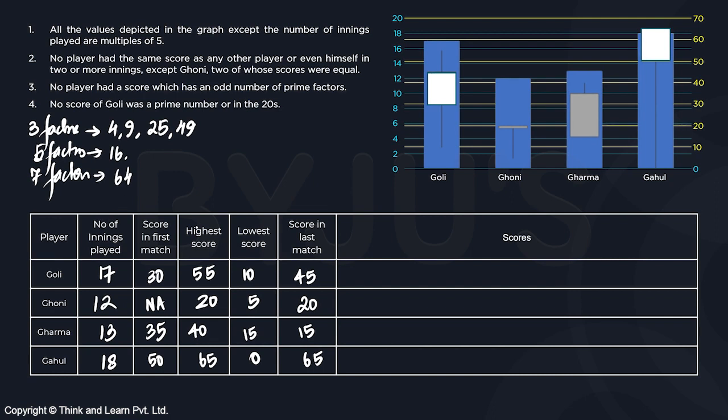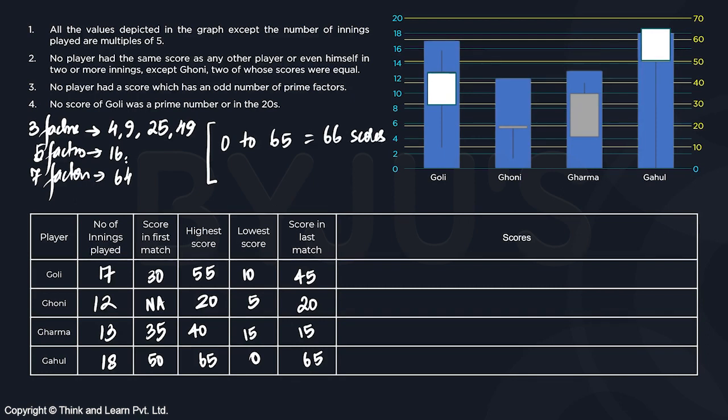So looking at this, we can say that the minimum score we can have is 0 and the maximum we can have is 65, and 65 happens to be the highest score among these 4 people. So 0 to 65, these are 66 possible scores.